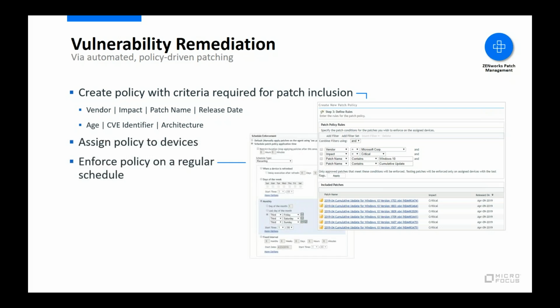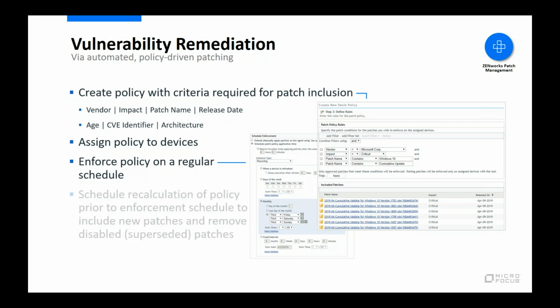The policy is assigned to devices, and the policy enforcement schedule is set. This schedule determines when the policy's patches are installed and can be a variety of schedule types, such as any time the device's agent is refreshed, a set day of every week, or a specific day of the month.